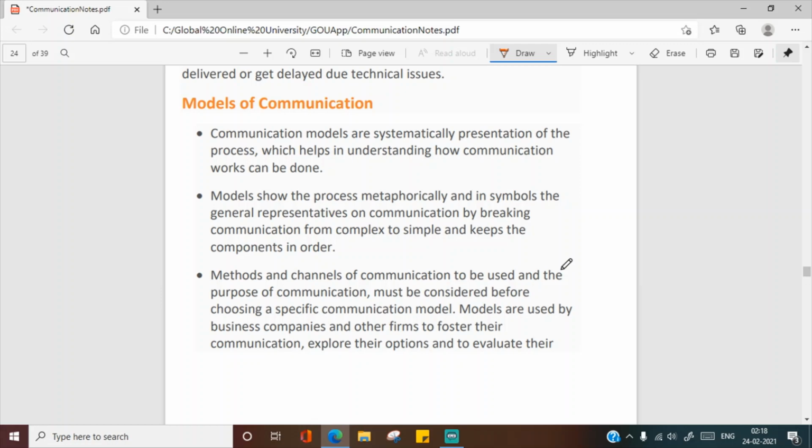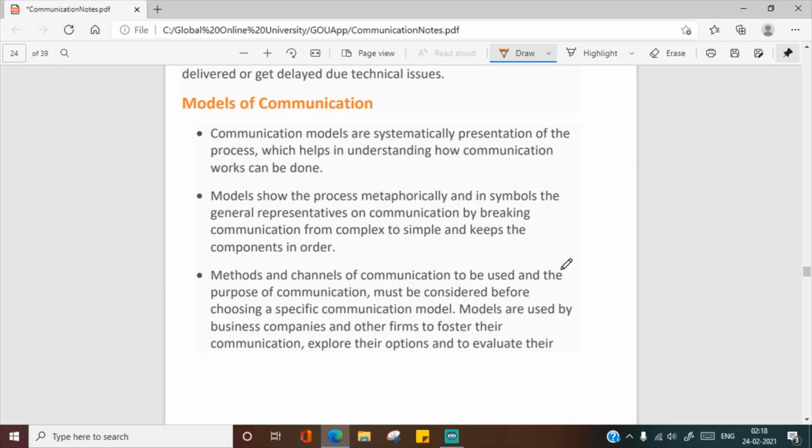So what are models? Models are just a systematic presentation of the process which helps in understanding how communication is done. You are telling how the communication process is done in a diagrammatical form.